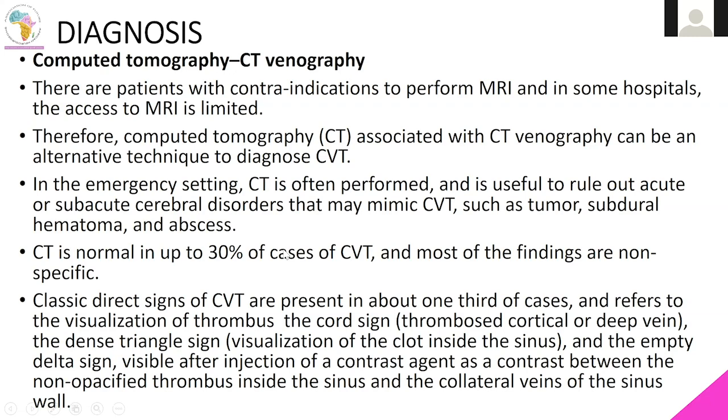So this helps us understand why MRI is the imaging modality of choice compared to CT. But if you don't have access to MRI, at least we can use a CT to help us make our diagnosis by looking at all these signs that have been mentioned.